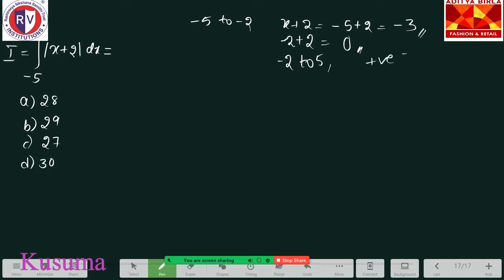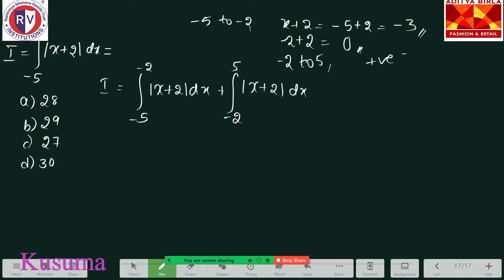So let us split this integral at -2. So I will be integration from -5 to -2 mod x plus 2 into dx plus integration from -2 to +5 mod x plus 2 into dx.